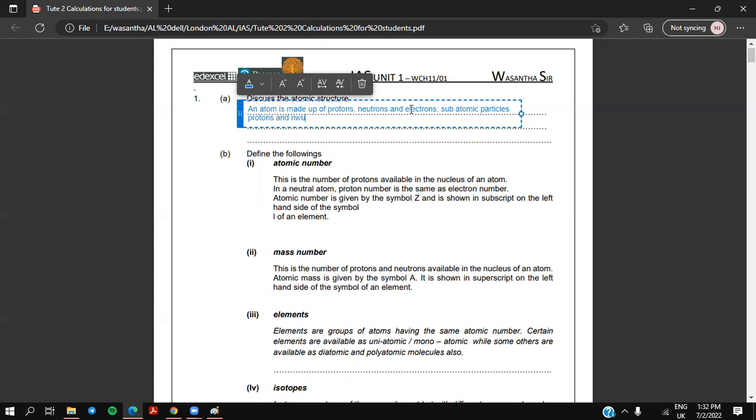Protons and neutrons are concentrated to a highly dense area in the middle of an atom, in a place called nucleus.